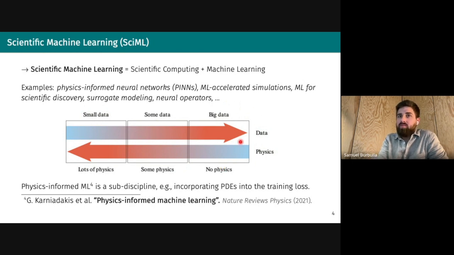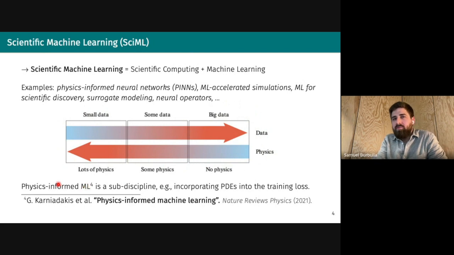On the right-hand side, we have pure machine learning, just data-driven. On the left-hand side, we have the scientific computing regime, where we have explicit physical laws but no measurement data incorporated. And scientific machine learning is everything in between, where we try to combine methods from both.